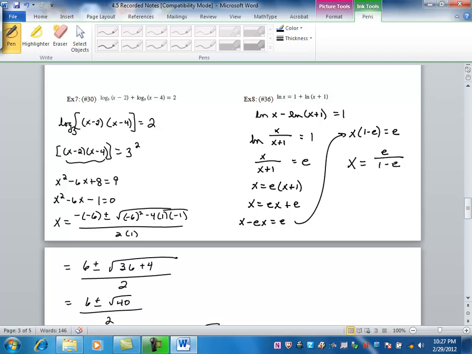Now again, we need to worry about whether or not this will work. And e over 1 minus e is approximately negative 1.58, which is less than 0, so there is no solution to this particular equation.